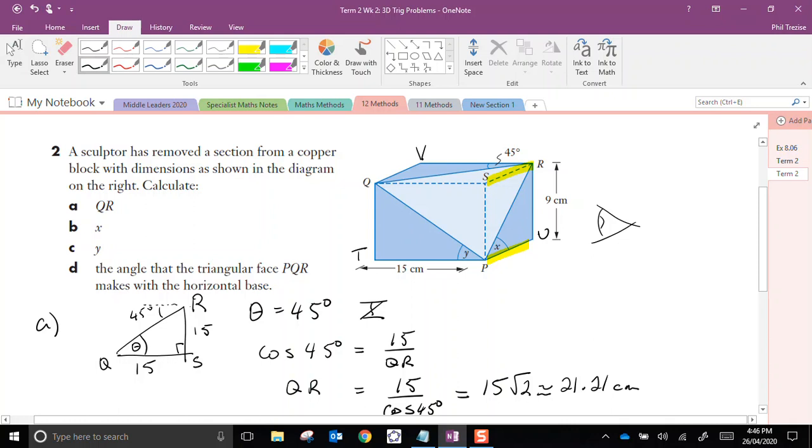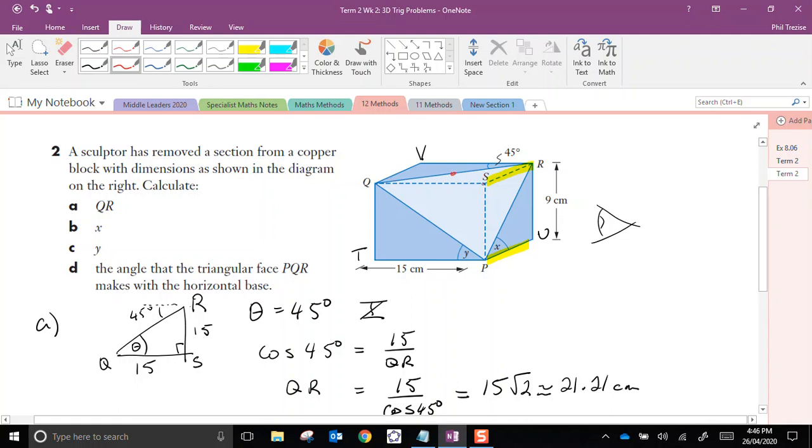Now, final one, the angle that the triangular face PQR makes with the horizontal base. Now this is not as easy as it seems. It is not angle X and angle Y. That is not what we're talking about. The horizontal face, I'm going to embellish my diagram here. Imagine the midpoint of QR.